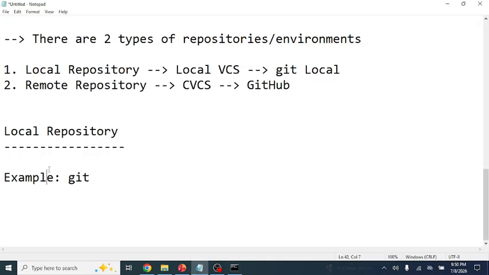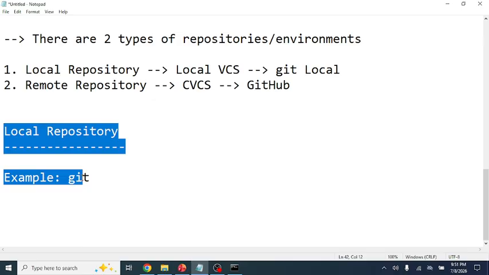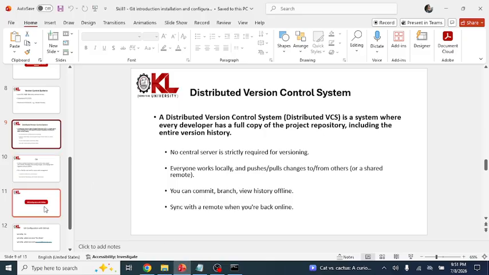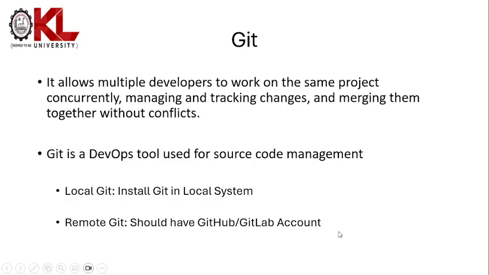Okay. Now here we have a local system environment. We already said Git is a local system environment. This Git is an open source distributed version control system. It was developed by Linus Torvalds in 2005.